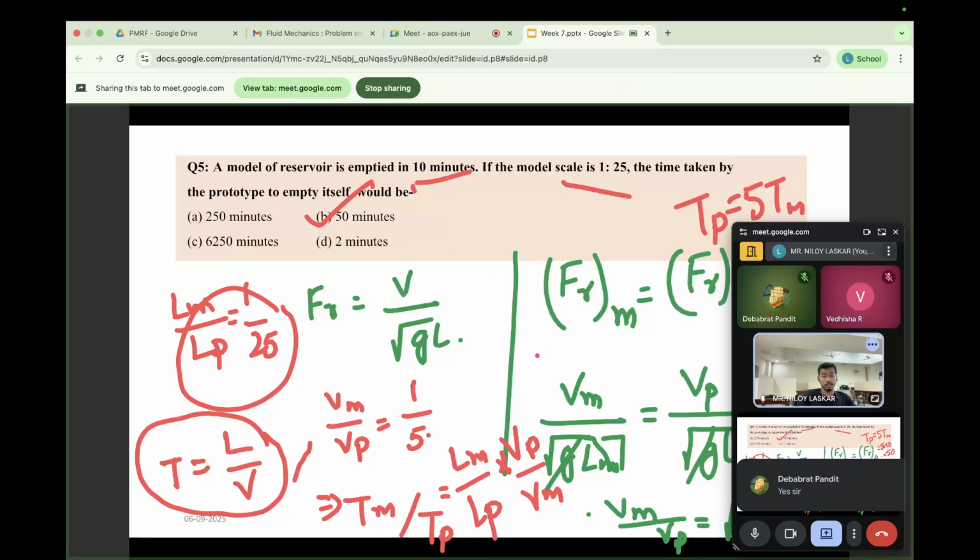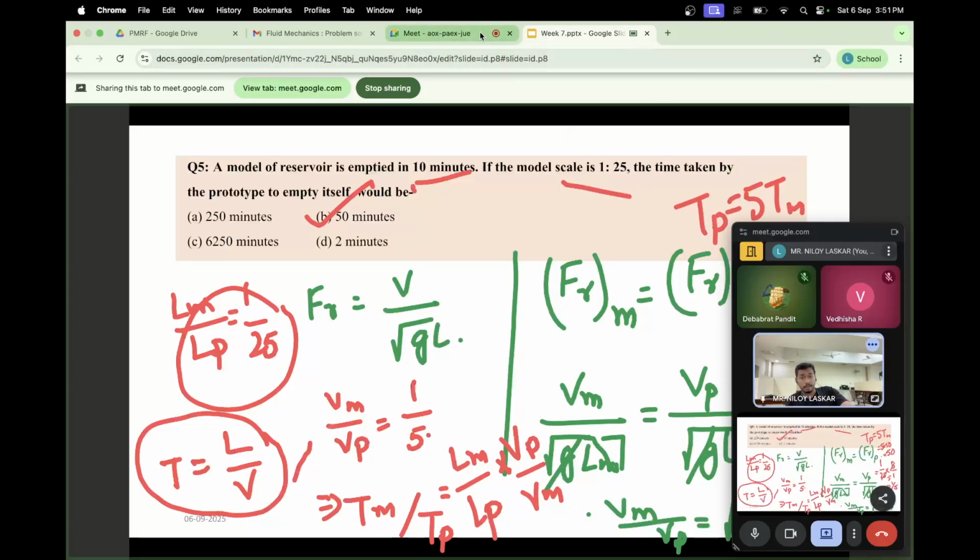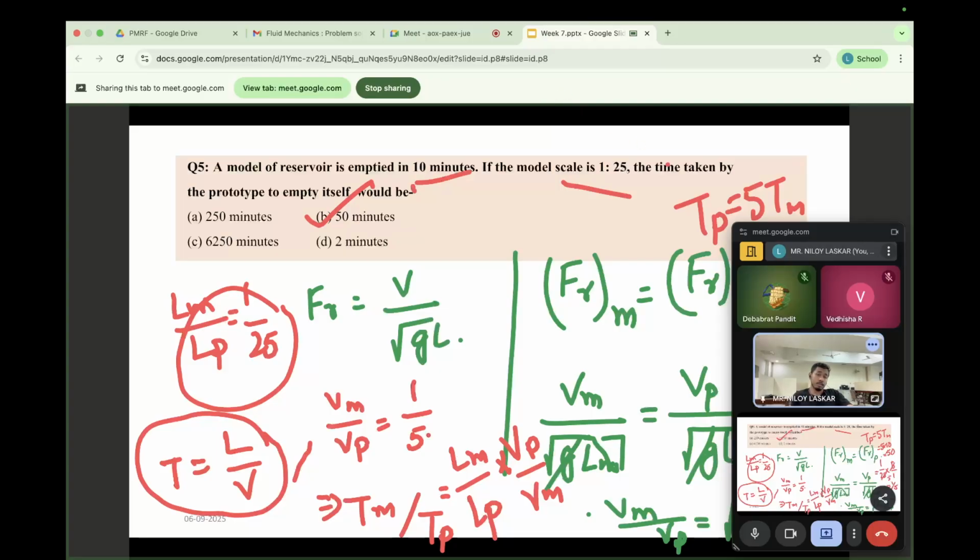Can I move to the next one? I am moving to this. I think Vidish, you understand this. If anyone has any concern, please raise it, or I'll move to the next one.